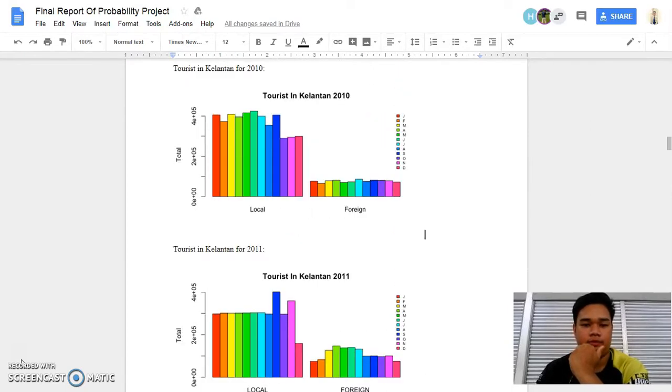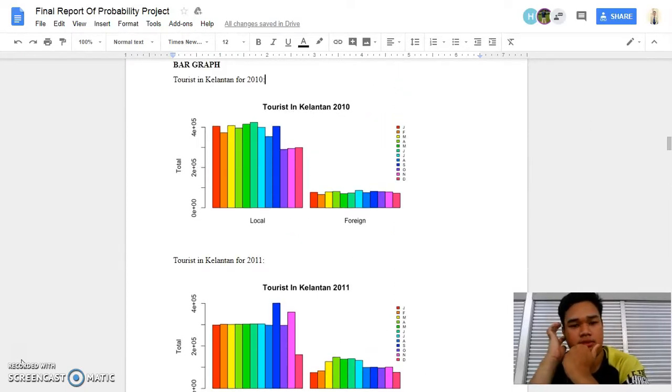After that, I will show you the bar graph. It is colorful, as you can see. First, we divide it into two years, 2010 and 2011, and two groups: local and foreign.